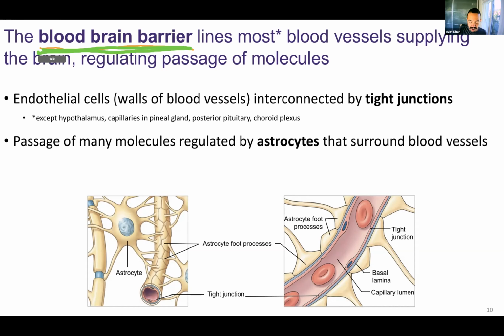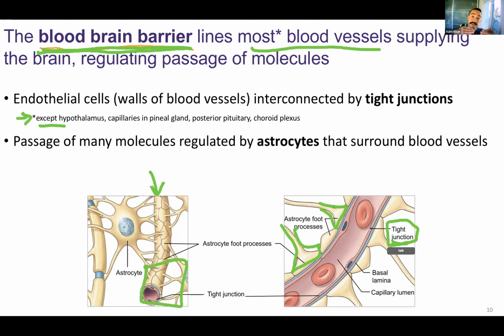most blood vessels, there are some exceptions, and we'll go over those exceptions later, but most blood vessels that are supplying the brain are actually completely covered by astrocytes. If you take a look down here in these pictures, we look at an inset of a blood vessel. These astrocytes have these extensions, and they're covering every part of a blood vessel, and there are tight junctions to prevent anything from leaking out, because blood vessels are leaky.